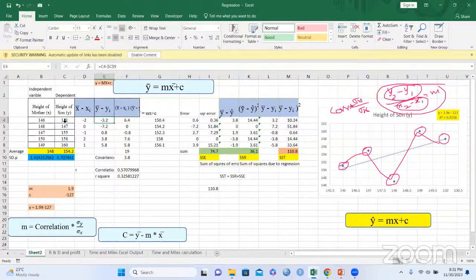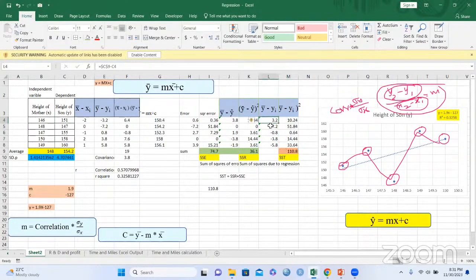Here I have taken the opposite, C9 minus C4. It's not a big thing, because when I square this value my minus will change to plus sign. For that reason I have taken this one.